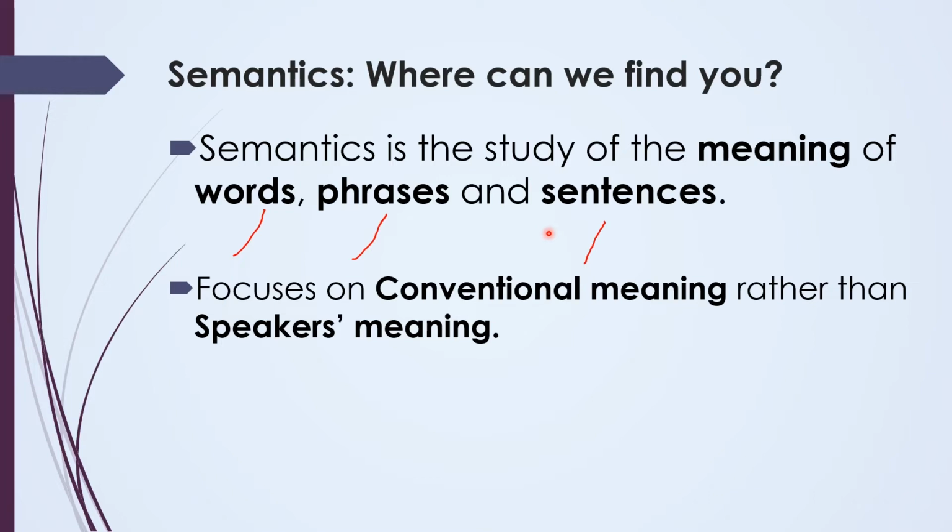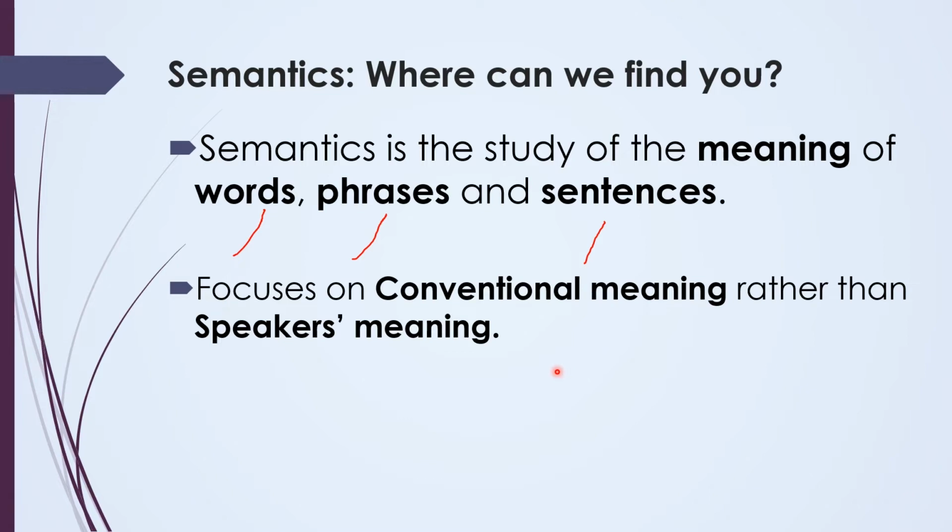And under semantics, we will only focus on conventional meaning. I repeat, under semantics, we will be focusing on conventional meaning. So what is conventional actually? Conventional refers to the dictionary meaning.